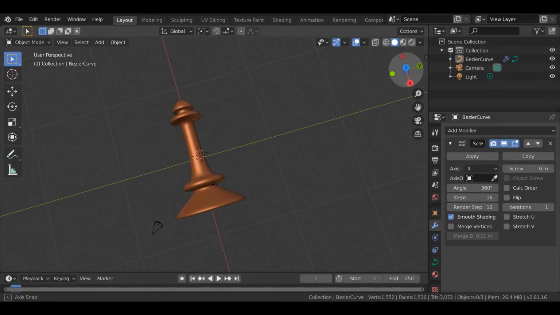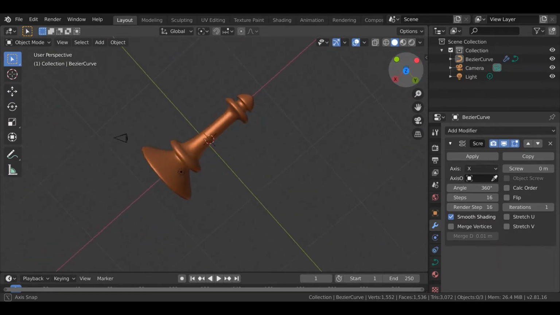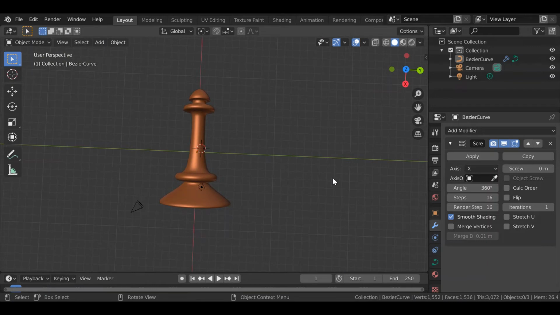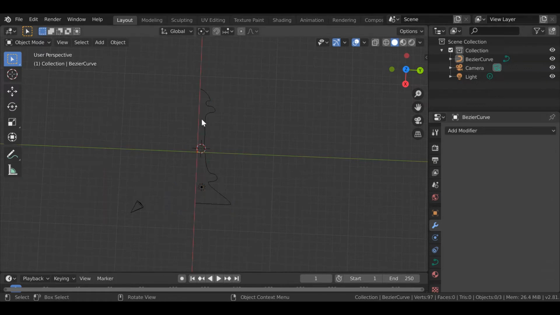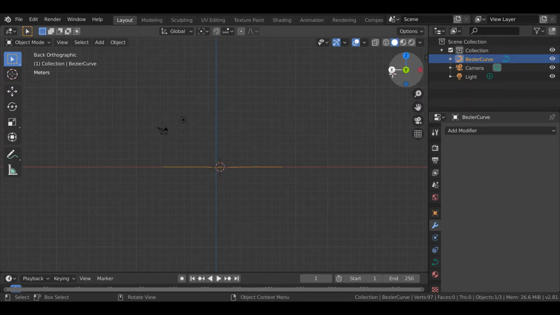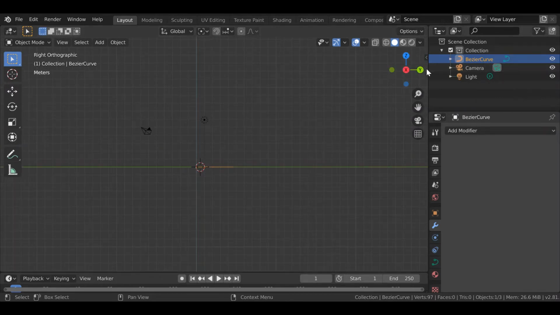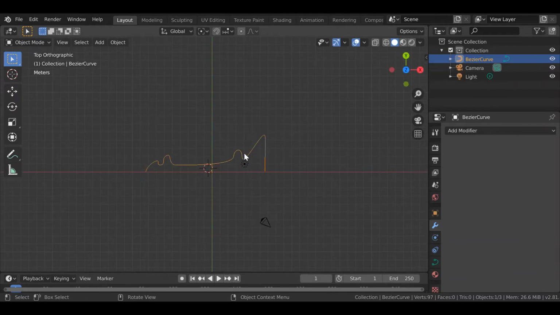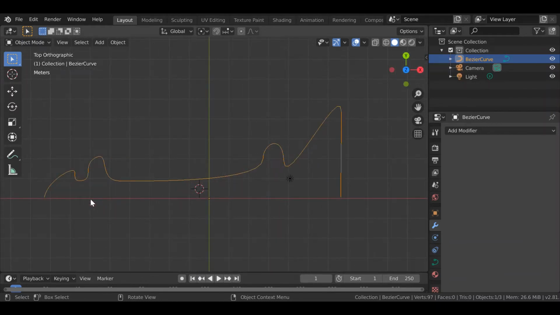I'll break it down into steps how we have created this, and we have done this in the Blender tool. So I'll just go ahead and showcase the curve which I designed. This is the curve which I just highlighted. Here we can see the curve that I have drawn.